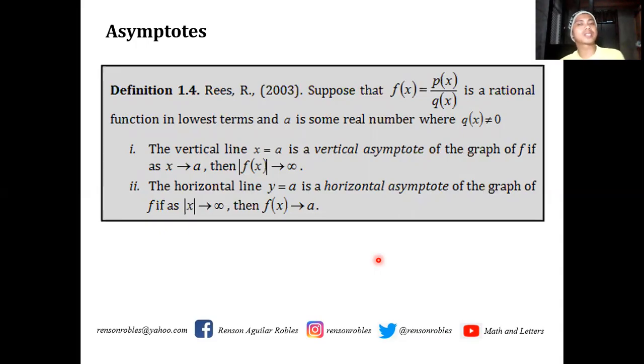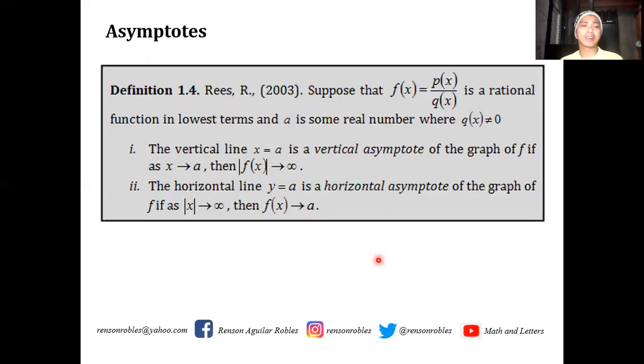Suppose that f of x equals p of x over q of x is a rational function in lowest terms, meaning the numerator and denominator do not have any common factors. And a is some real number where q of x is not equal to 0, then the vertical line x equals a is a vertical asymptote of the graph of f if as x approaches a, the absolute value of f of x approaches infinity.